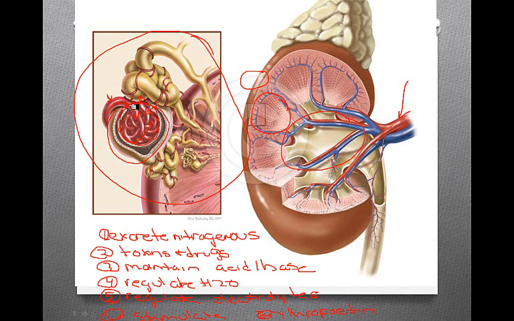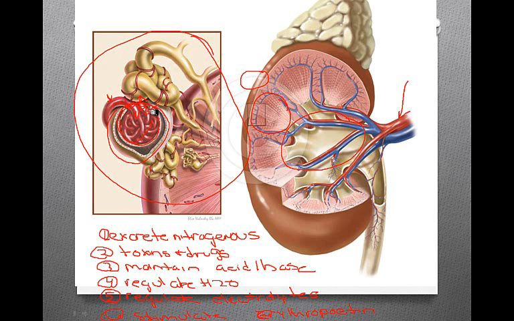So here we have a valve in each arteriole, and the valve in the afferent arteriole acts like a faucet with a hose attached to it. You turn on the faucet, you allow in the flow of blood. The valve on the efferent arteriole acts as the nozzle. So you push down on the nozzle, you let the blood flow back out.